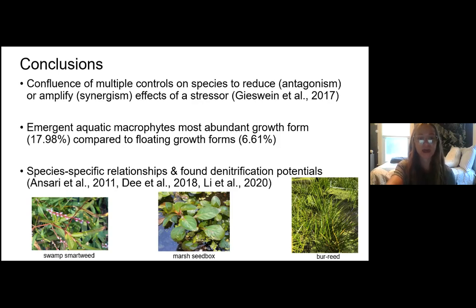They were found as obligate wetland species to have very significant denitrification potentials in these similar studies and similar ecosystems. So each of these species was significantly related to nitrates, and they were found previously to have denitrification potentials, which could be really helpful moving forward for the Fallkill Watershed Coalition in order to implement some forms of bioremediation.